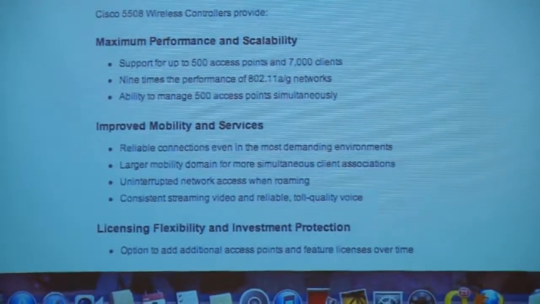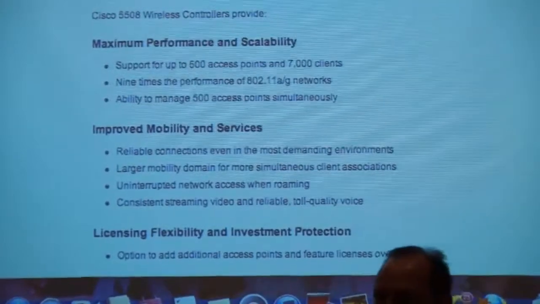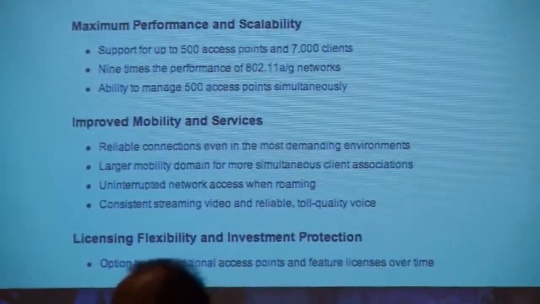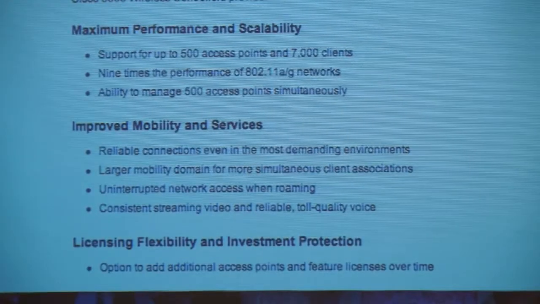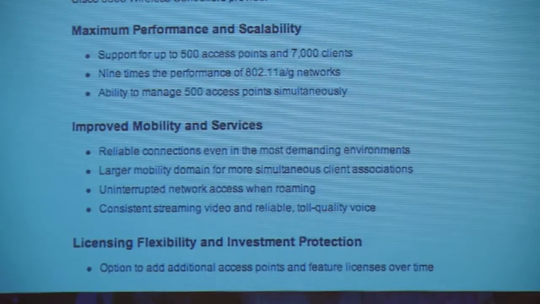You license these by access points. Let's say the 8500: I can buy the 8500 with 300 licenses. It can support 6,000, but I buy it at a lower cost for 300 licenses.